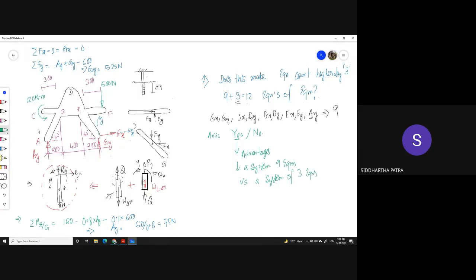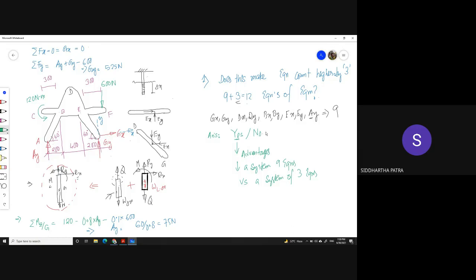For example, in this problem statement, if I were to ask you what are the ground reactions, the reactions from the supports at the ground, that is at A and G, you can answer that simply by drawing the free body diagram of the whole structure and writing the corresponding set of equations of equilibrium. And for that, you don't have to write any further equations of equilibrium.